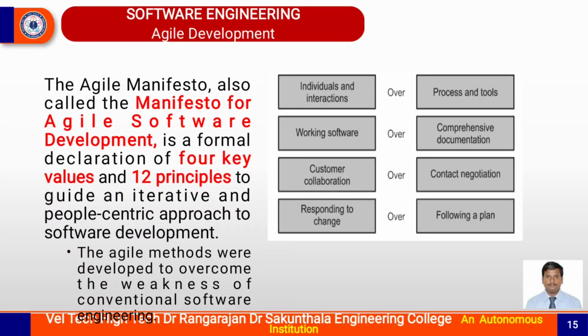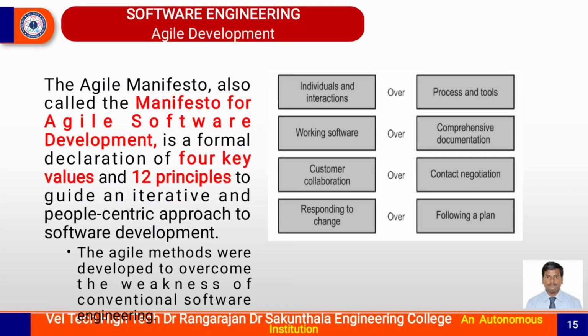Then next one is the agile manifesto. So, what is this agile manifesto? Actually, this is called the manifesto for agile software development. We can declare it with 4 key values and 12 principles.